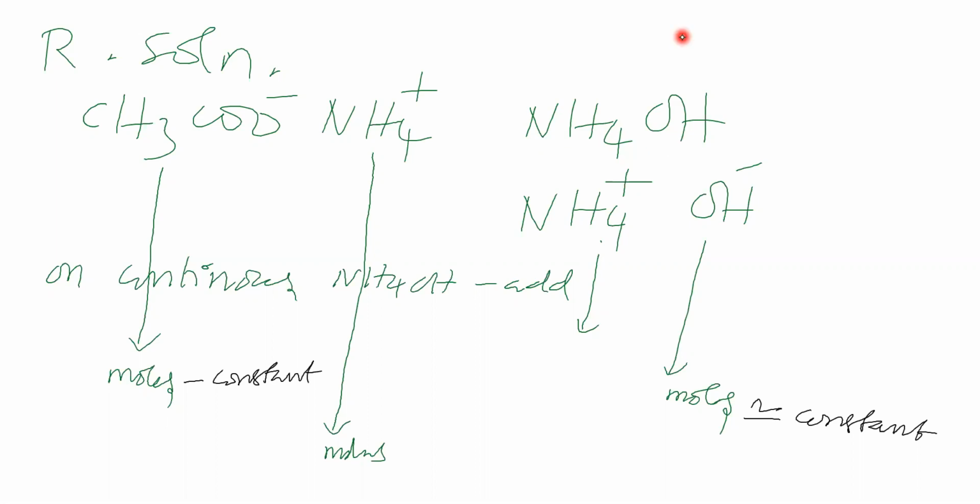Therefore, the extent of ionization is also almost constant. So the number of moles of hydroxide almost remains constant.